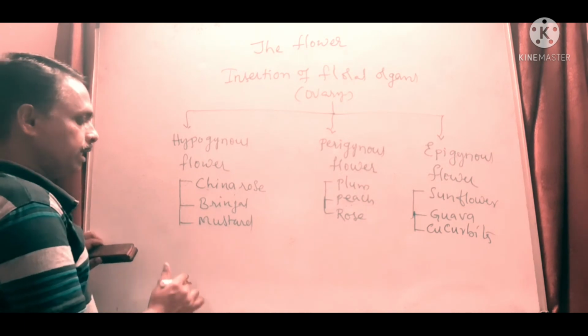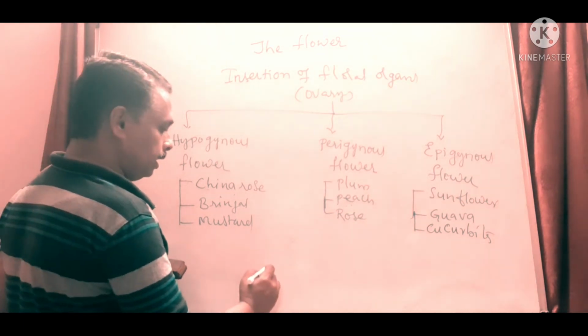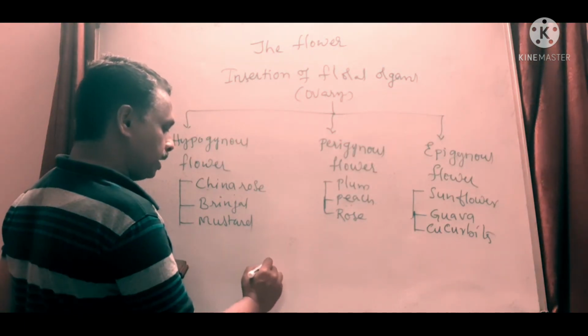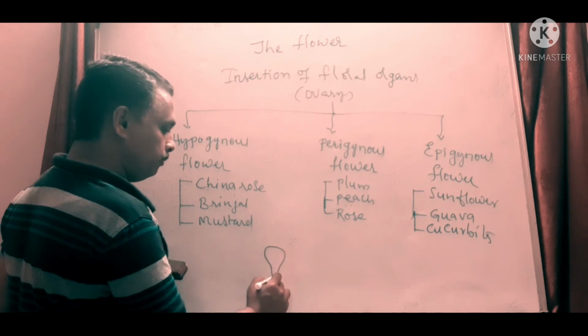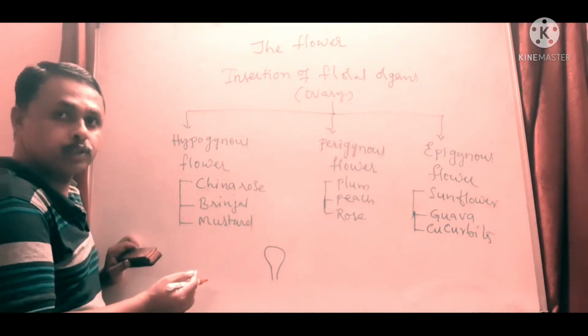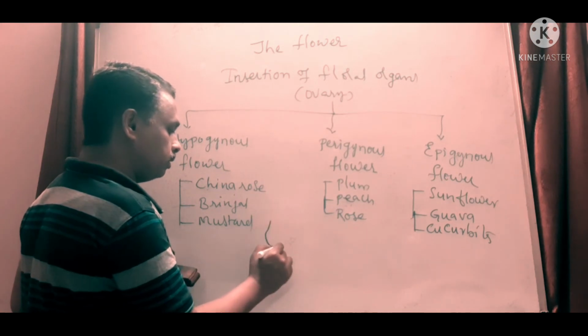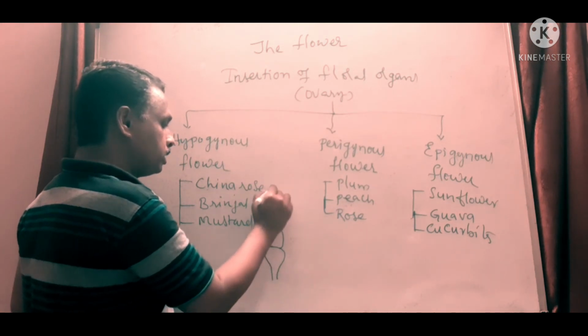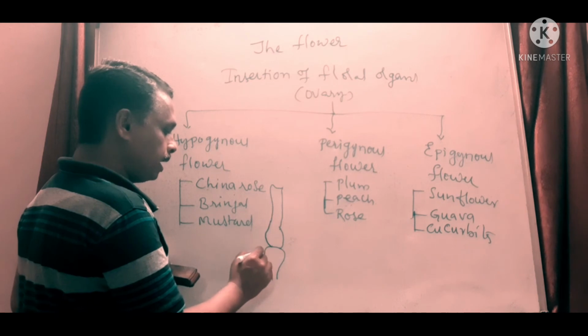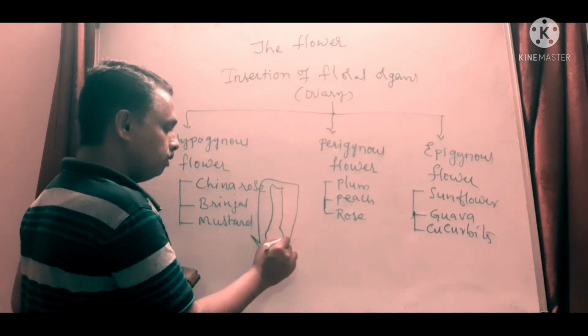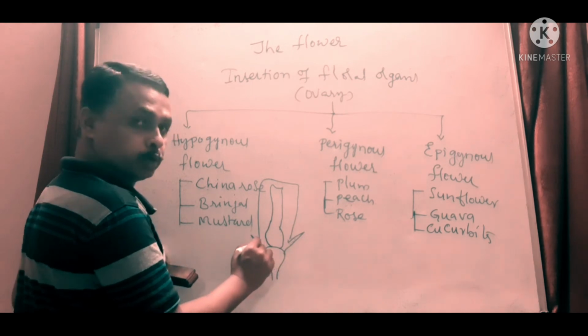Now, hypogynous flower: in this flower, the thalamus is formed as a ridge shaped structure, and over this ridge shaped structure the ovary occupies this place, and other floral members like calyx and corolla will be in a lower position.